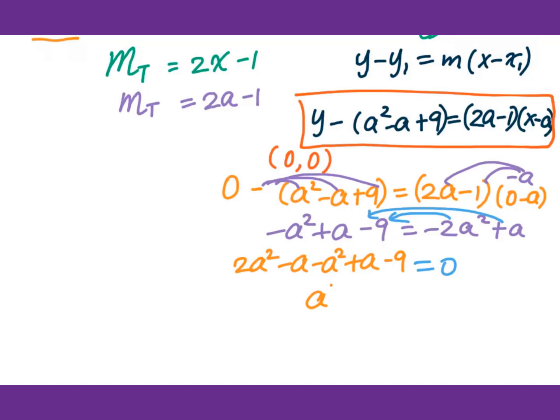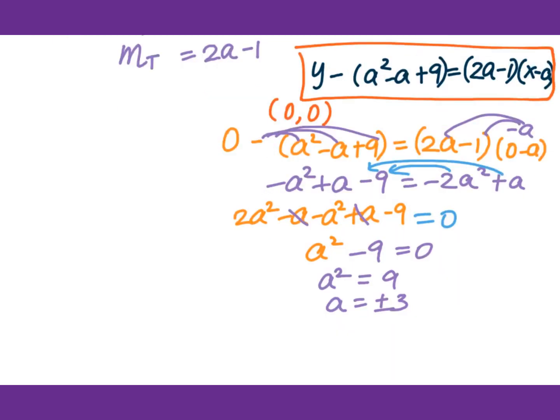Combine like terms: a squared minus 9 equals 0. So a squared equals 9, a equals plus or minus 3. After you get a equals plus or minus 3, you need to plug into this equation of a tangent line.